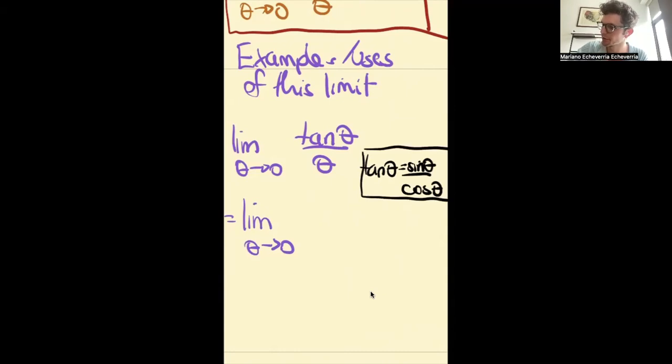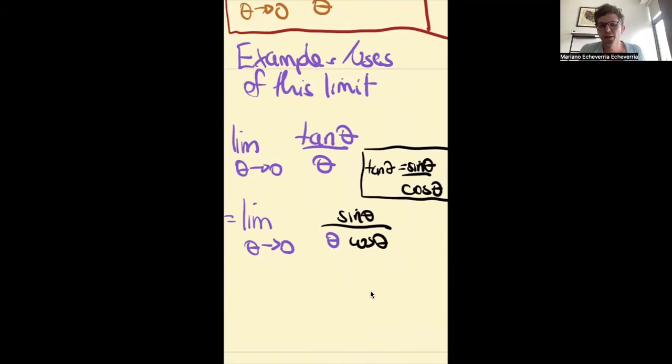So this is an important one to remember. It is an important trick. Many times when you see trig functions, all the trig functions that matter in the world are built from sine and cosine. So sometimes to find limits, it's convenient to write them down in terms of sine and cosine, if that makes sense.